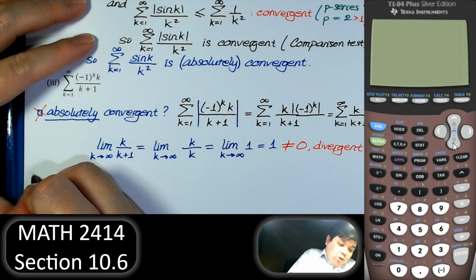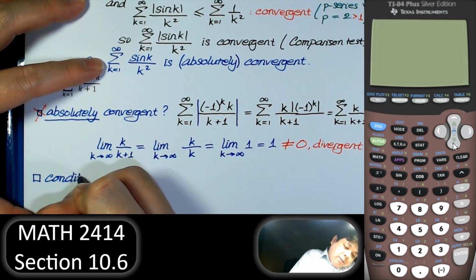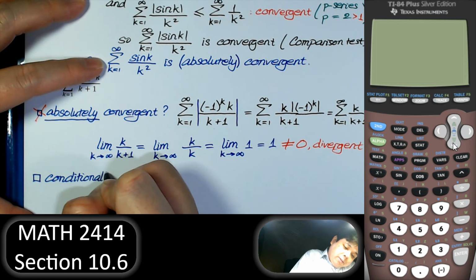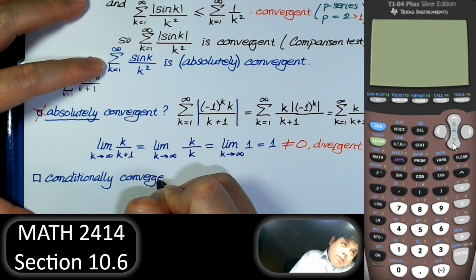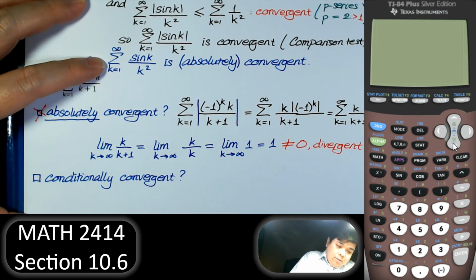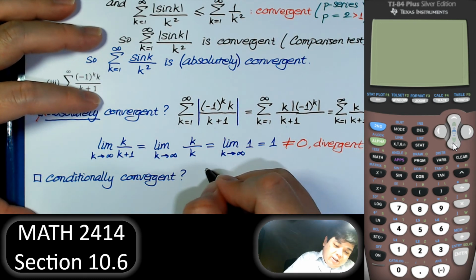So how about conditionally convergent? That means we don't check the absolute values.